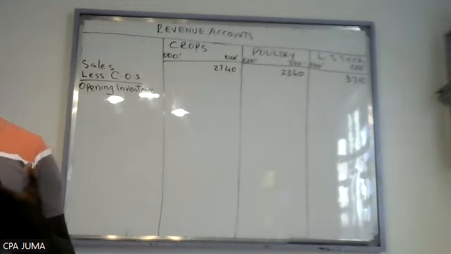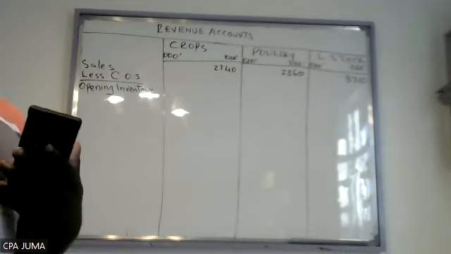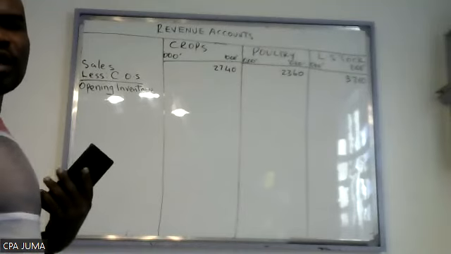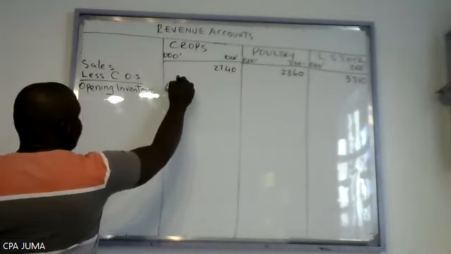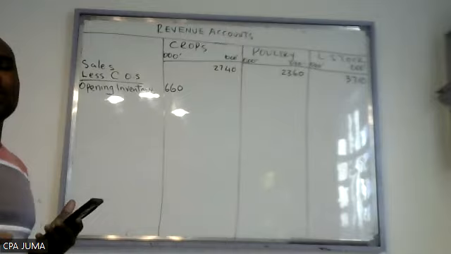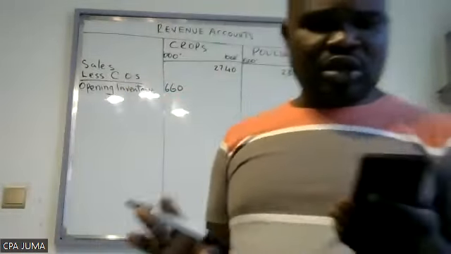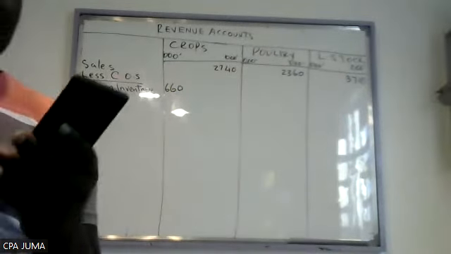What do you get? Linda, 660. So this is 660. Please don't copy unless you have the figure. That is why I'm here. So if you see something you have not got, you just ask. Don't copy if there is something you have not seen how it is coming.